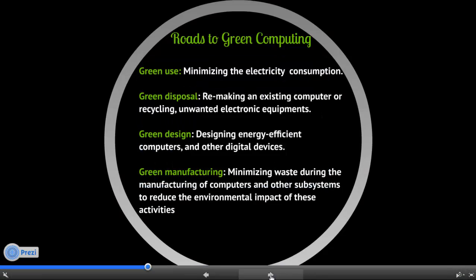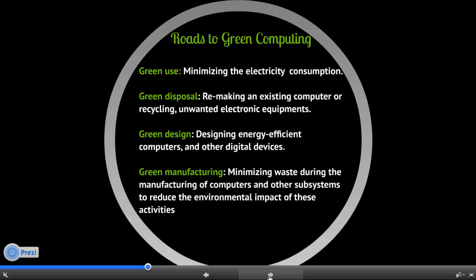Green design: designing energy efficient computers and other digital devices. So many companies are now designing energy efficient devices. And green manufacturing: minimizing waste during manufacturing of computers and other subsystems to reduce environmental impact.